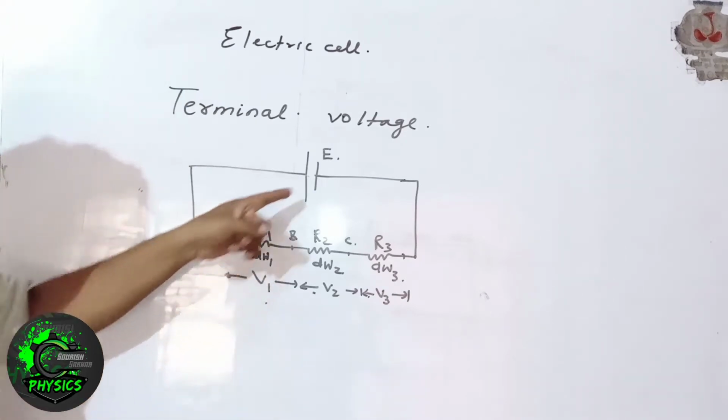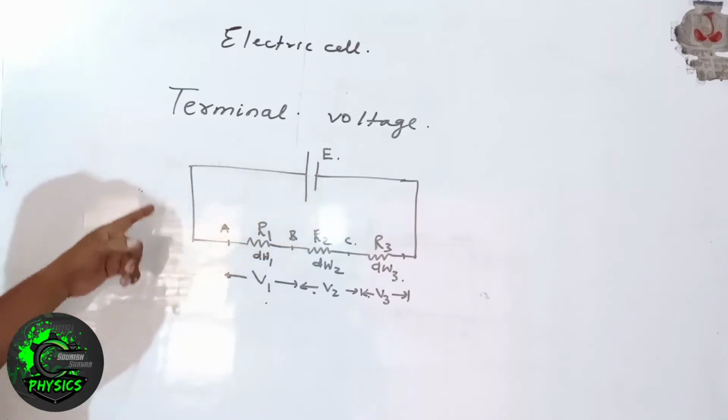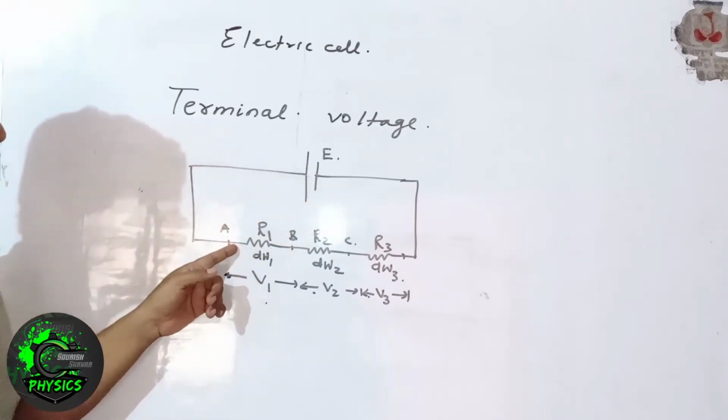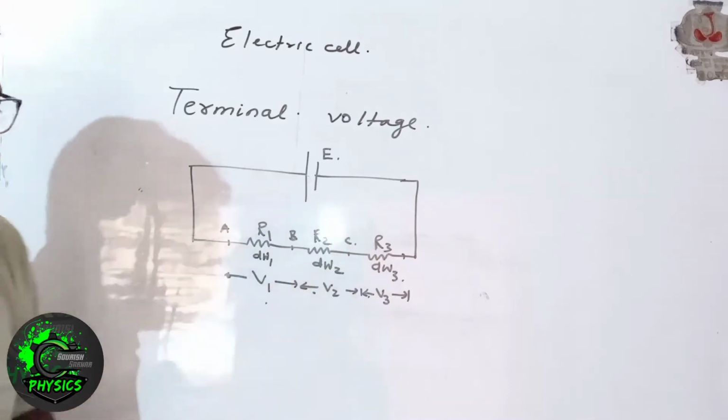Now you can see this cell has to supply energy so that the charge can cross these three resistances.